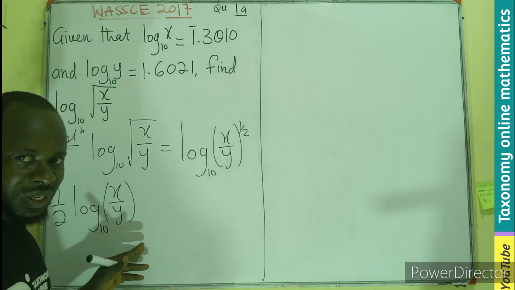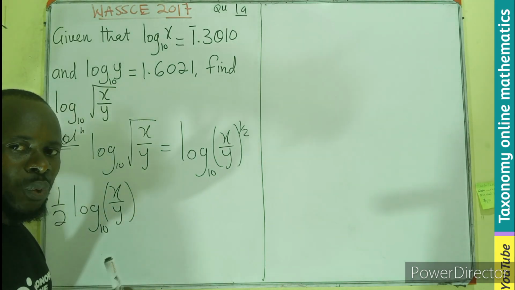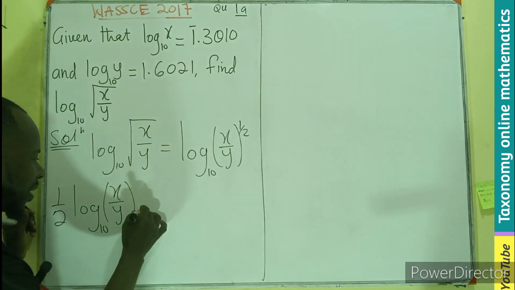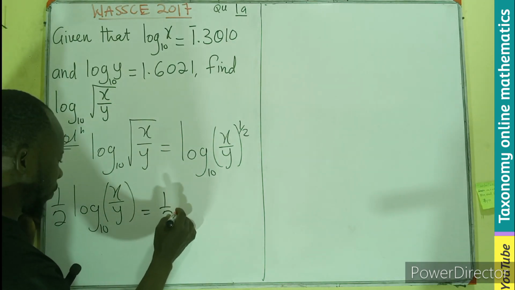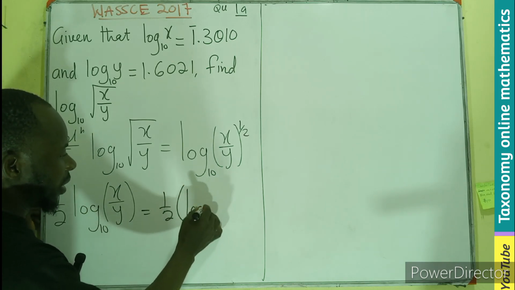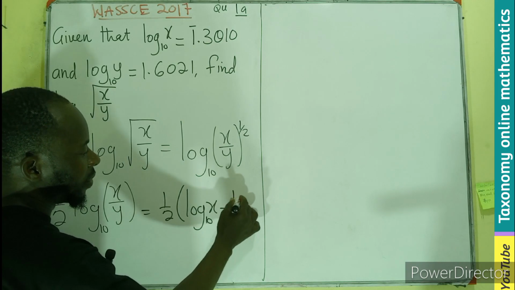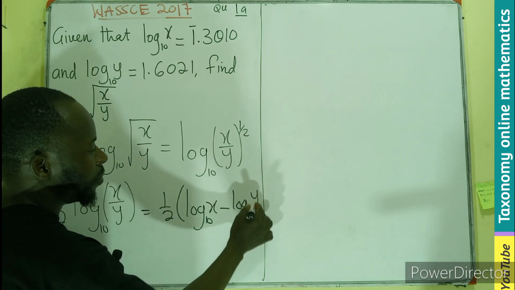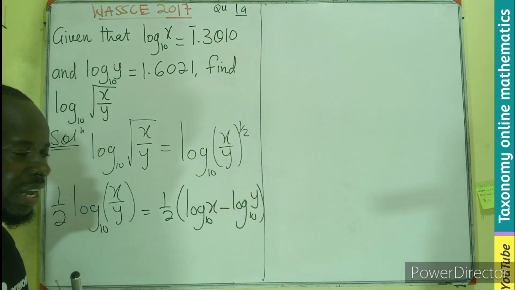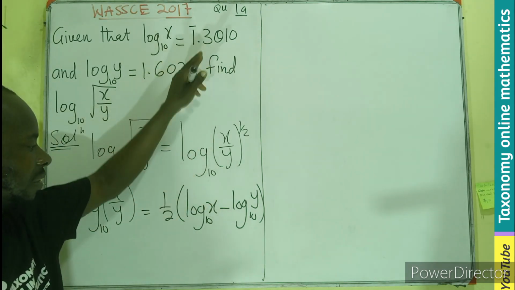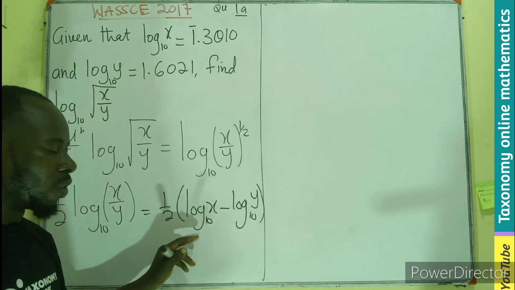Then what do you see? We have a division, and under division, we have a subtraction. So this means that 1 over 2 is multiplying the log of x base 10 minus the log of y base 10. In the bracket, the log of x is given to us, and the log of y is also given to us.